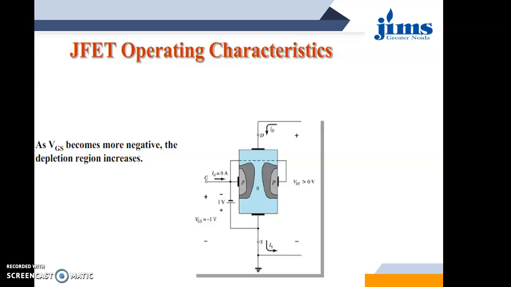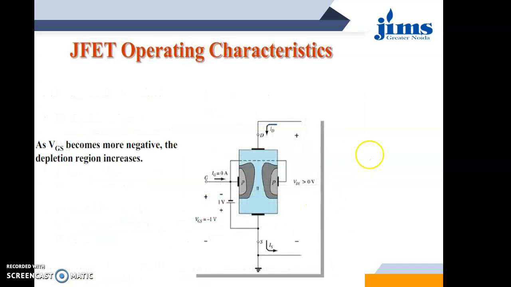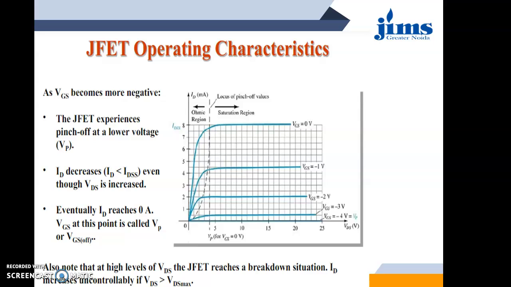So if we apply gate voltage also, the gate voltage should be reverse bias, so the depletion layer increases and the drain current decreases. In this way, an increase in gate bias reduces the drain current, and therefore it is a voltage controlled device.